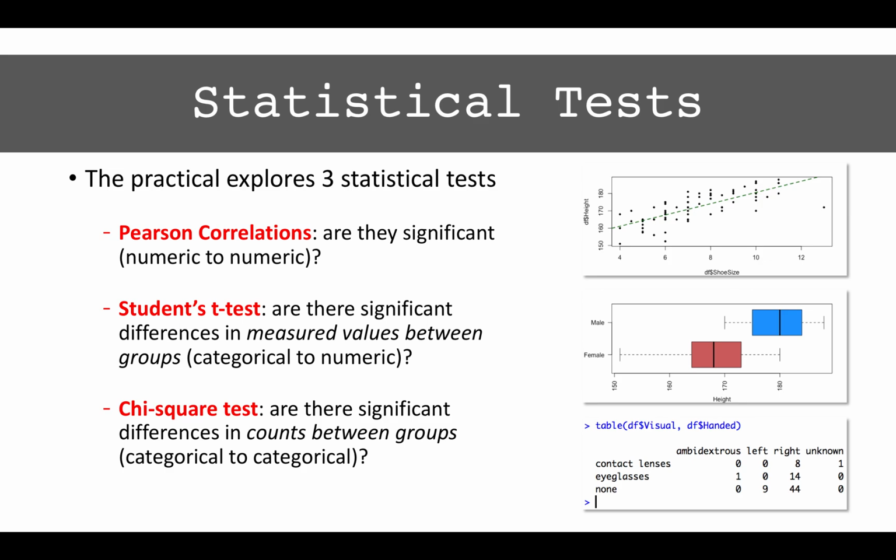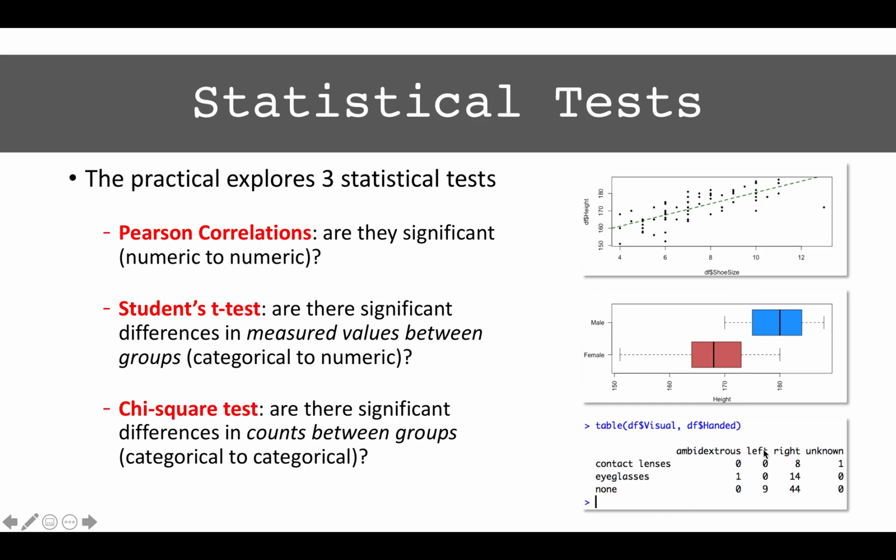So this is categorical to numeric. And we use a chi-squared test to say whether there are significant differences in counts between groups for categorical to categorical comparisons.